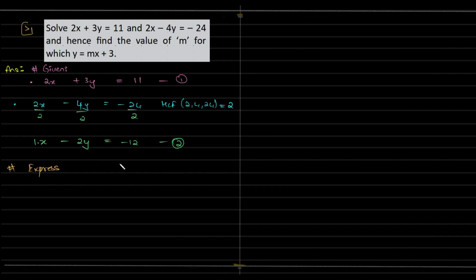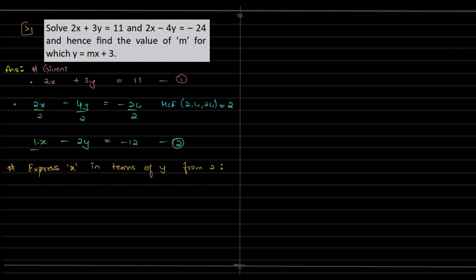So which expression are we looking at, equation 1 or equation 2? And should we express x as y or y as x? Well, to decide that, look at the easiest coefficient, 1. So we're going with expressing x in terms of y from equation 2.